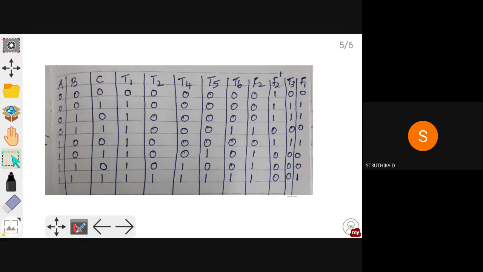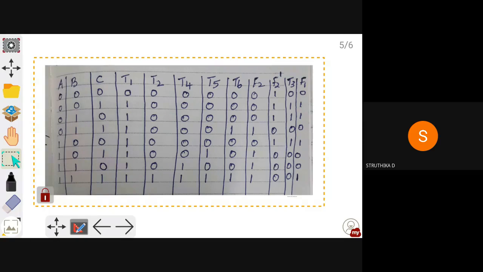So your F1 from your boolean function and F1 from your logical diagram are the same. So you have analyzed the given combinational circuit by obtaining the boolean function as well as the truth table.